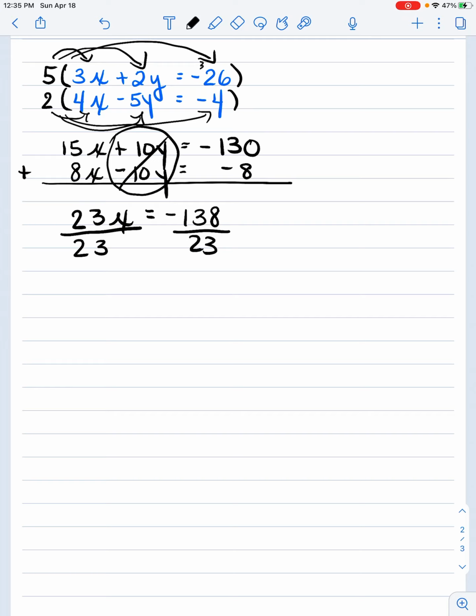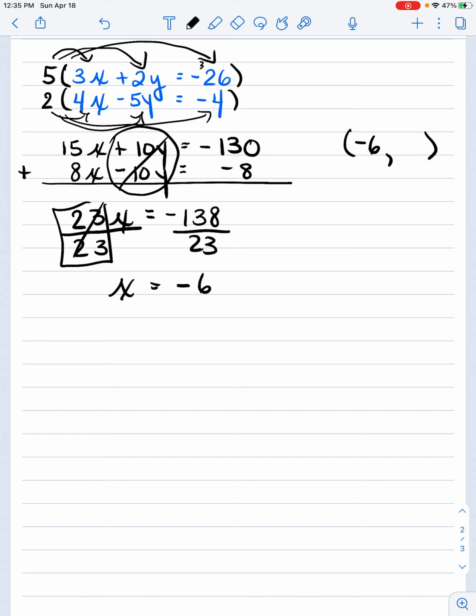And I think that I'm going to get x equals negative 138 divided by 23 should be negative 6. Okay, so I have my x and my y, and my x now is negative 6.